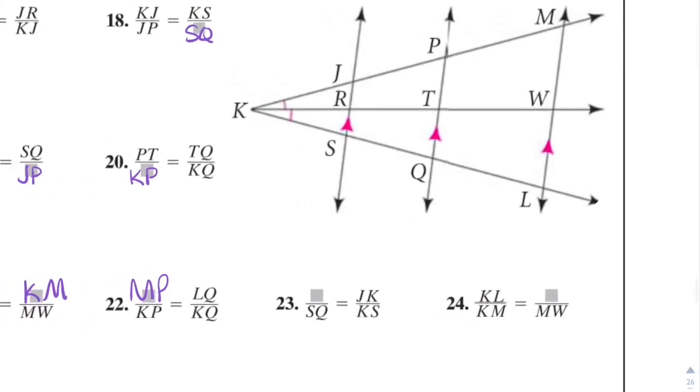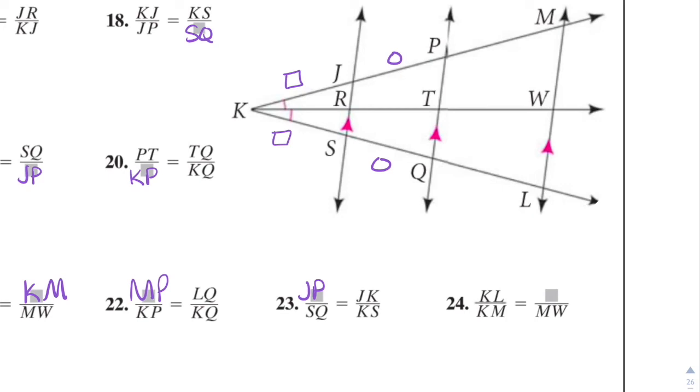Okay, so now we have JK and KS, so JK is here, and KS is here. So it looks like the two sides, so it looks like side splitter theorem. Oh, yeah, yep, side splitter. So SQ is here, so it's going to have to be JP. So JP is to SQ as JK is to KS.